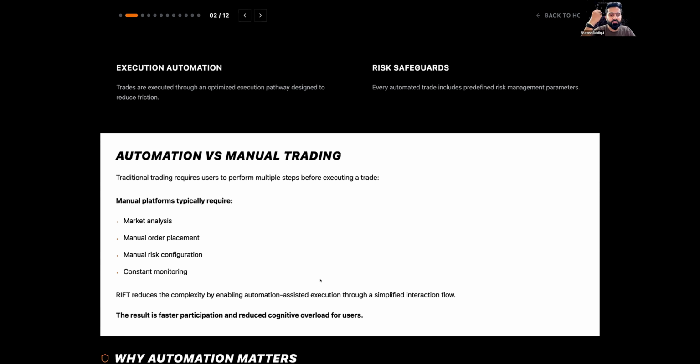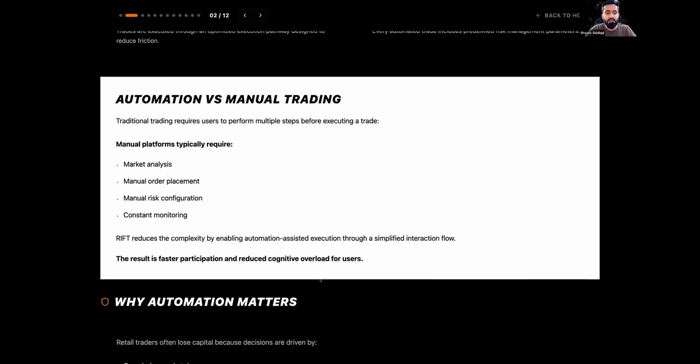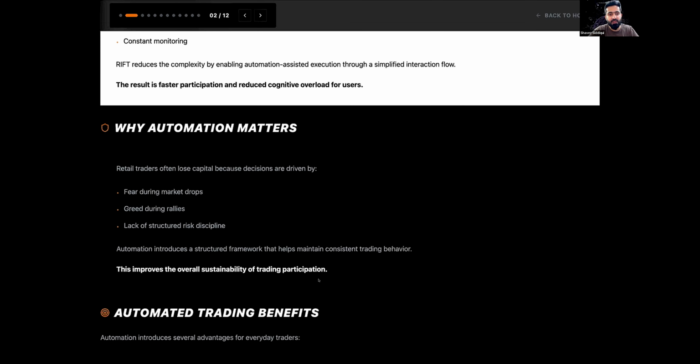So Rift reduces the complexity by enabling automation assisted execution through a simplified interaction flow. And the result is faster participation and reduced cognitive overload for users. And why does automation matter?